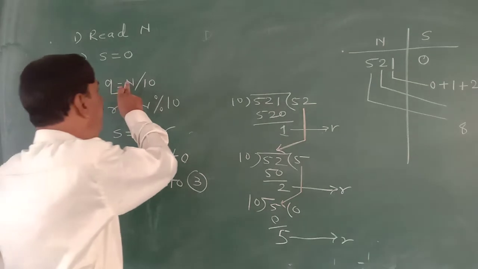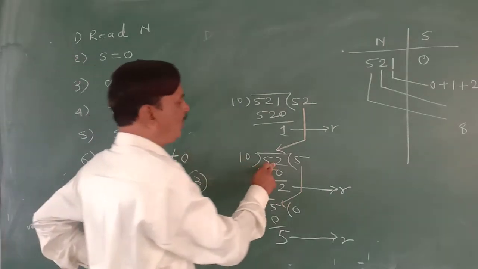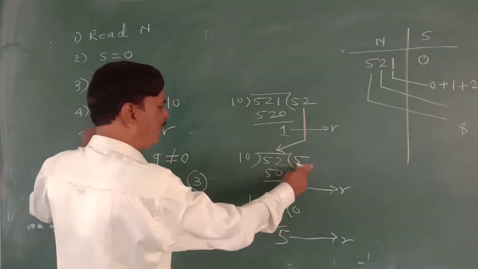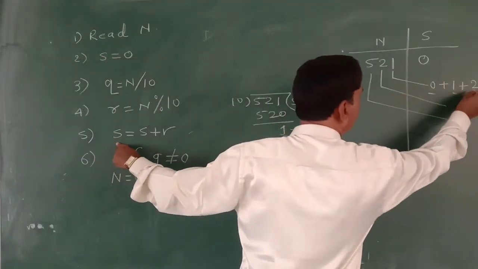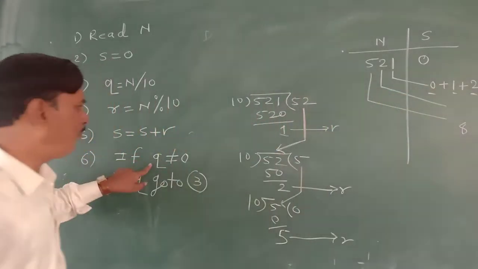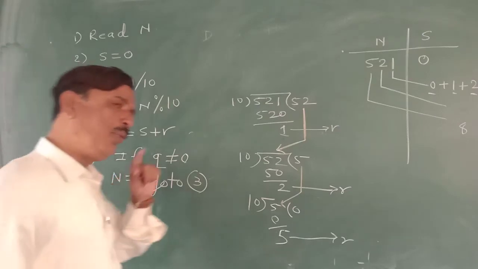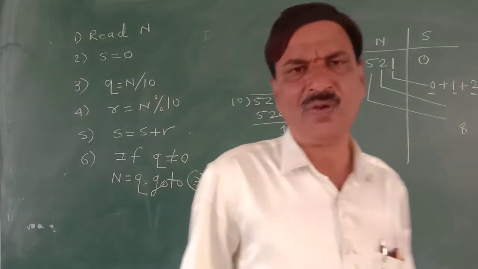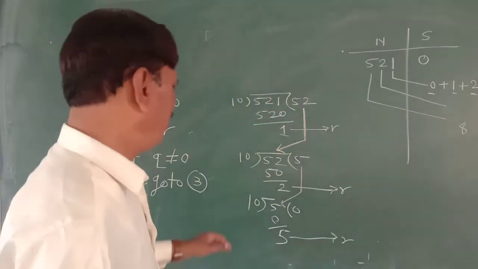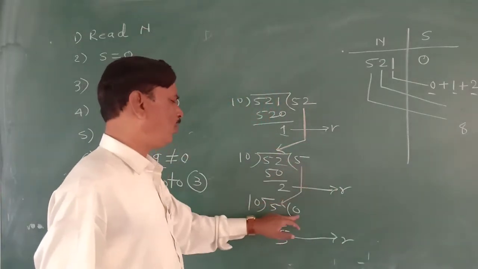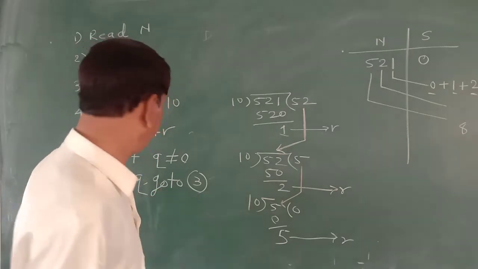So this time 52 divided by 10, the quotient will be 5, the remainder will be 2. That will be added. Every time we have to check, because when the quotient will become 0, there is no guarantee. That depends upon our input. So again 5 is divided by 10, the quotient becomes 0, then stop.